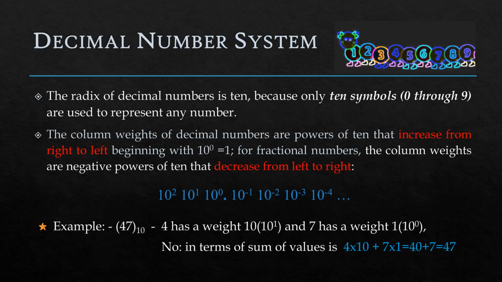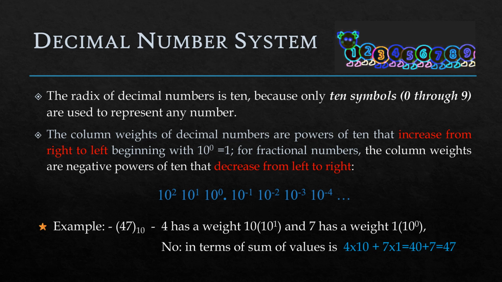Okay. Now let's discuss the decimal number system. As we know, this decimal number system consists of 10 distinct symbols, and so the radix value is 10. So the R value is 10. It starts with 0 to 9.